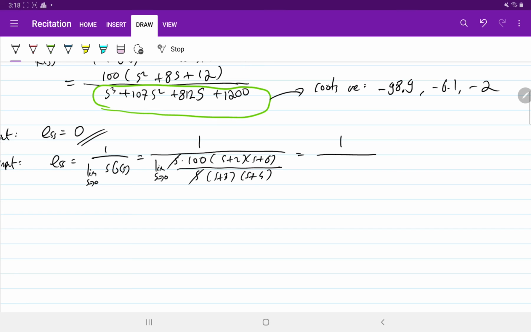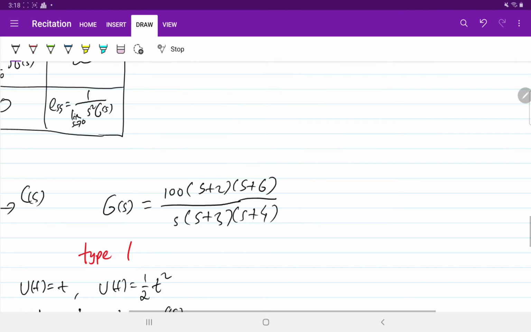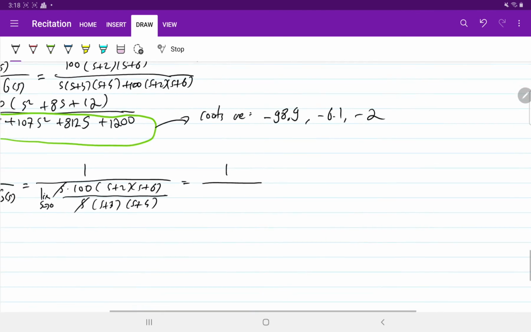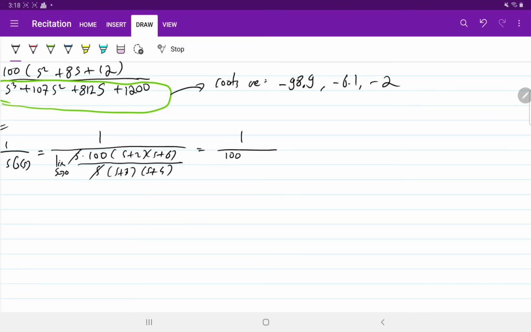So as s equals 0, we have 100 times 2 times 6 in the numerator, and 3 times 4 in the denominator. 3 and 4 is 12, and 2 times 6 is 12, so they cancel.